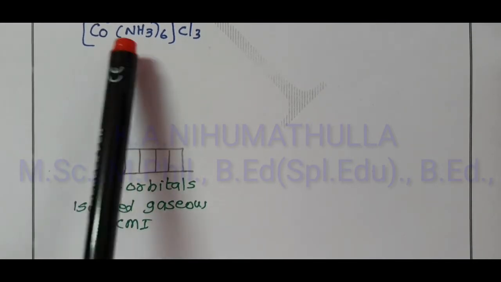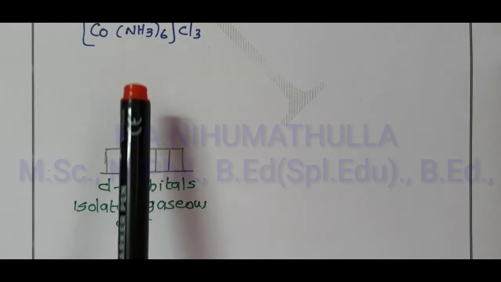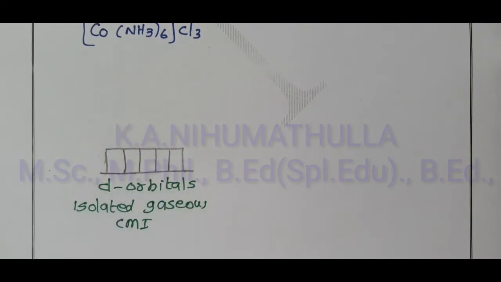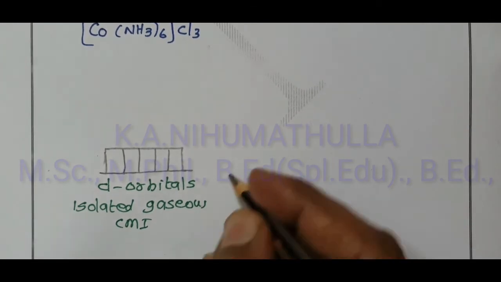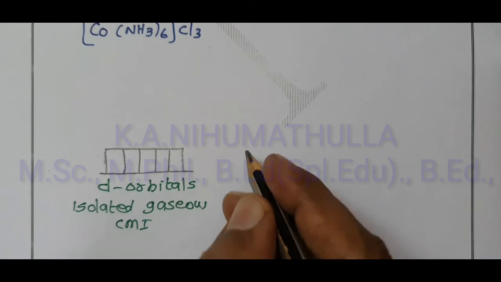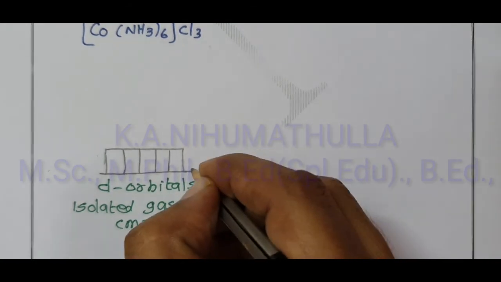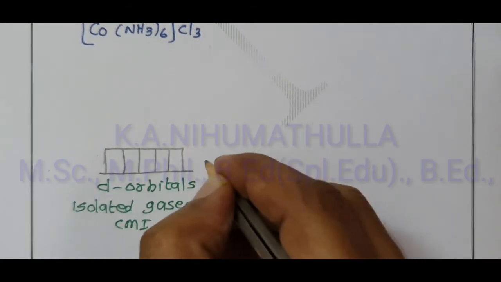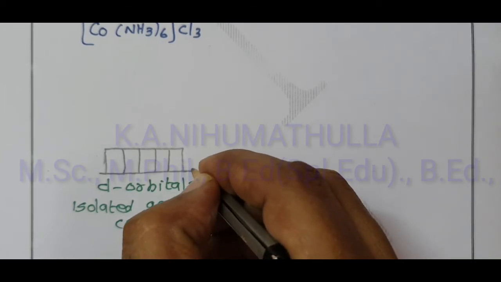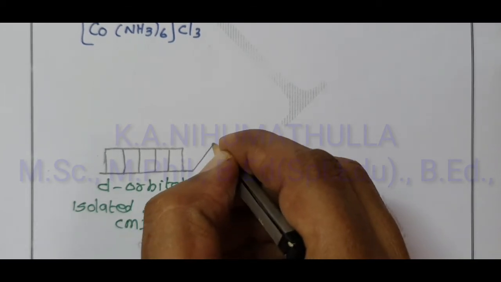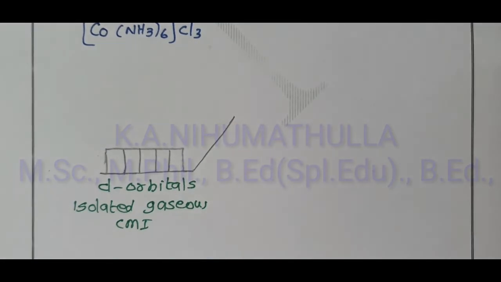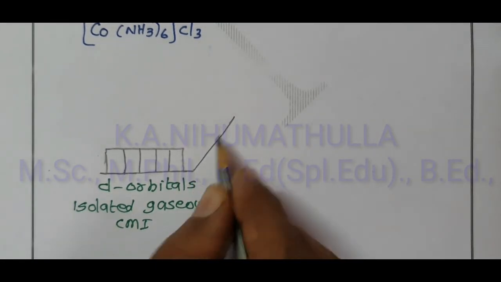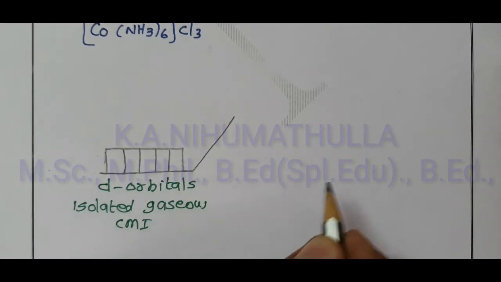When all the 6 ligands approach the central metal ion, for example cobalt, first they form a spherical ligand field. Then the ligands approach the central metal ion further. There is a repulsive force between the electrons of the ligand and the vacant d orbital.